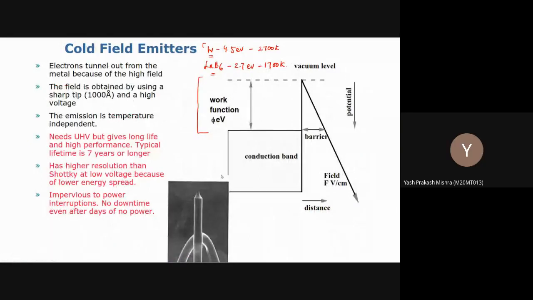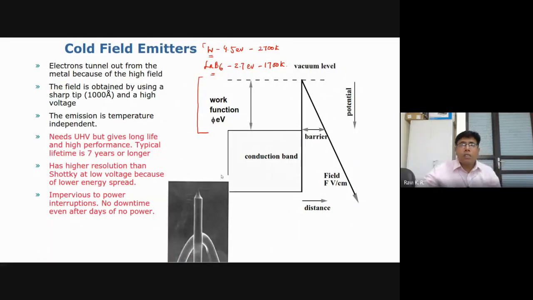Yes, sir. Okay, fine. So in thermionic emission itself, we have two electron guns. One is the tungsten-based pin-type filament, another one is the lanthanum hexaboride filament. Lanthanum hexaboride filaments are better in terms of resolution, because tungsten filaments are like this, while lanthanum hexaboride filaments are like this, so you get a smaller crossover.